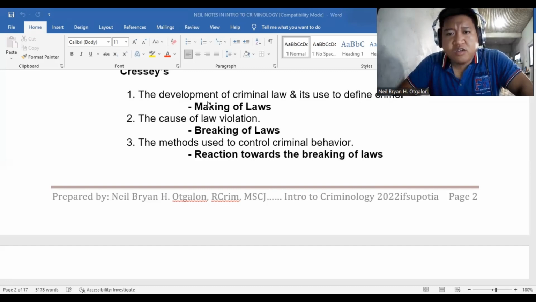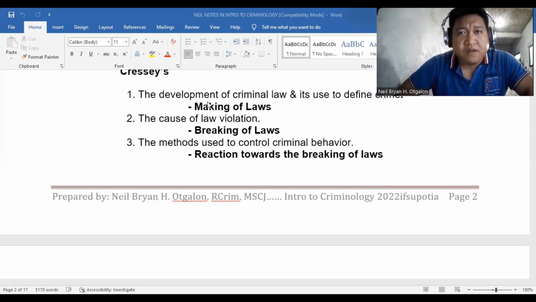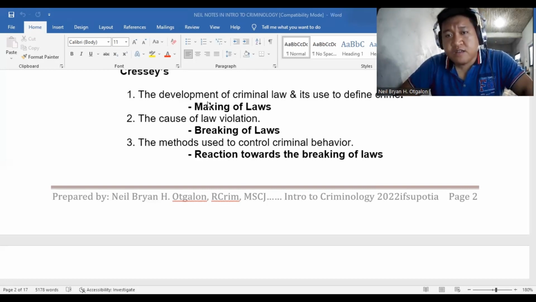Many are using children to commit crimes because they know that children are exempted from criminal liability. But in order to have a proper and accurate explanation, a study must be conducted. And who will do that? It is proper for a criminologist to conduct this kind of study and recommend the amendment, the changing of a law.